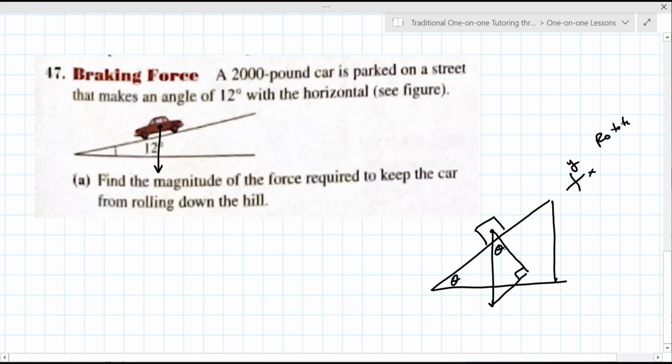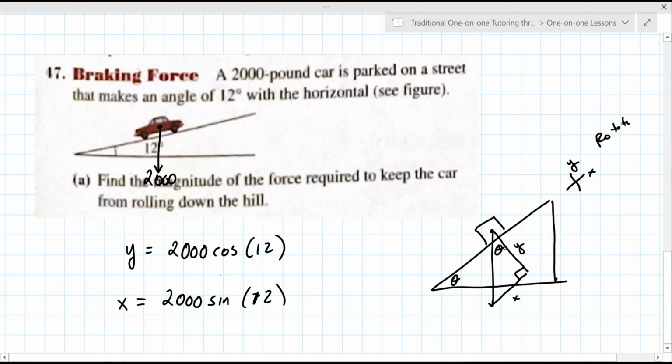Okay, so the weight, this 2000, is the hypotenuse of the triangle. So to find the y component here, the y component is 2000 cosine 12, and the x component is 2000 sine 12. Now normally they're flipped.